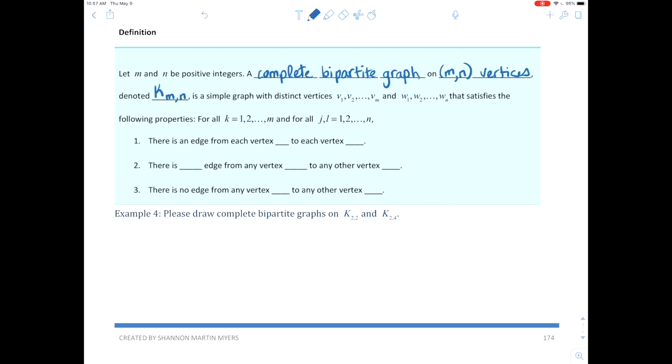For all i equal 1, 2 down to m, and for all j equal 1, 2 down to n, there is an edge from each vertex vi to wj.